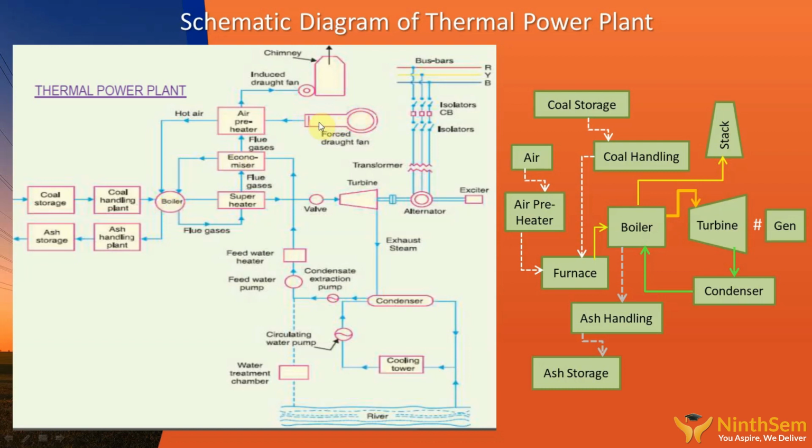So this air is supplied from the forced draft fan, through the air preheater. This air gets heated up and this heated air is supplied to the combustor of your furnace. So air and fuel mix and get burned. From that burning, the hot flue gas is used in the boiler to generate the steam. So this is the air system.